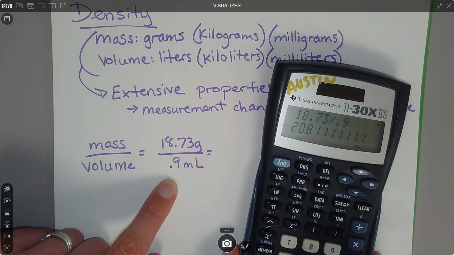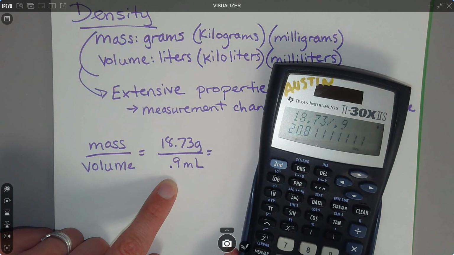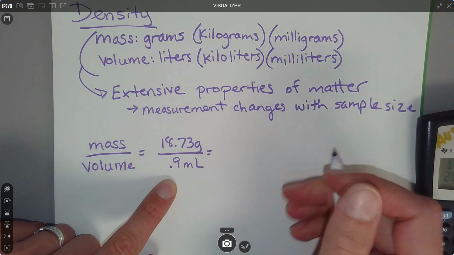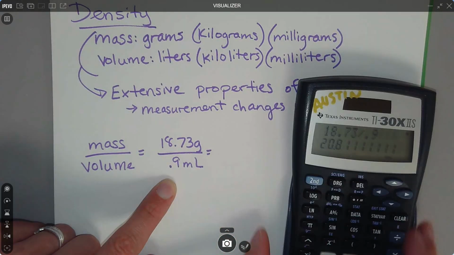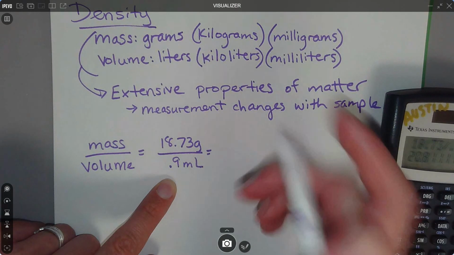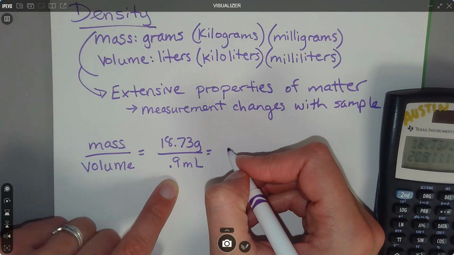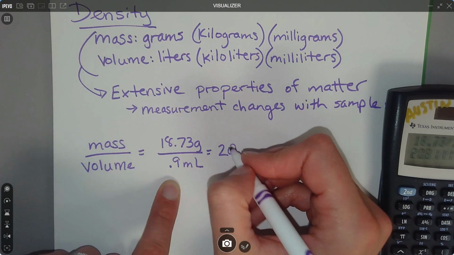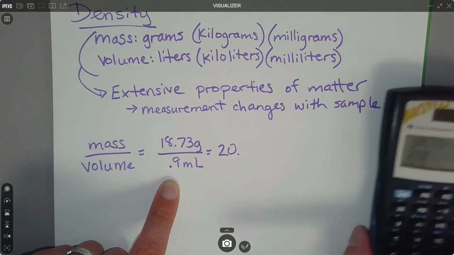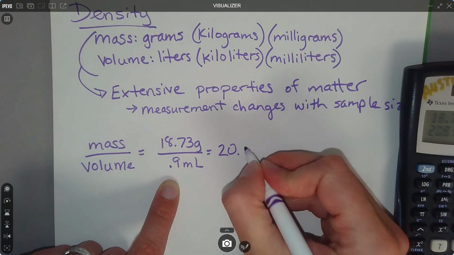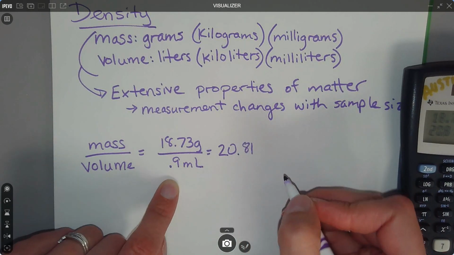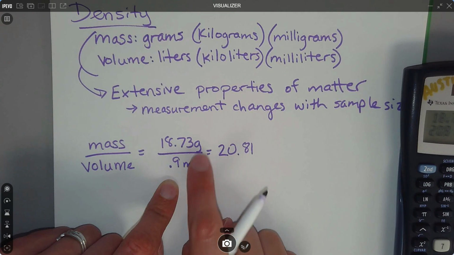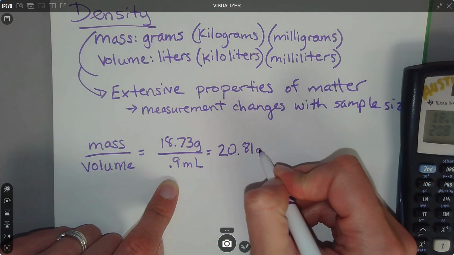I think it's the element iridium. All right, here we go. 20.81. Now tell me, look up here. Did I cancel out any units of measure when I did that? No, so they're both still there.